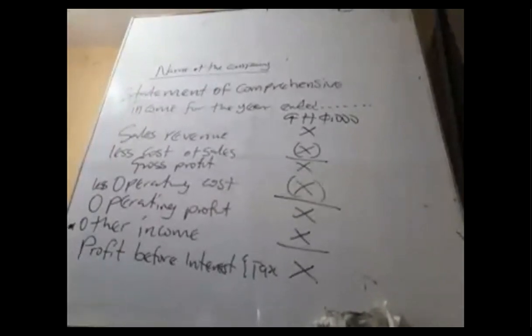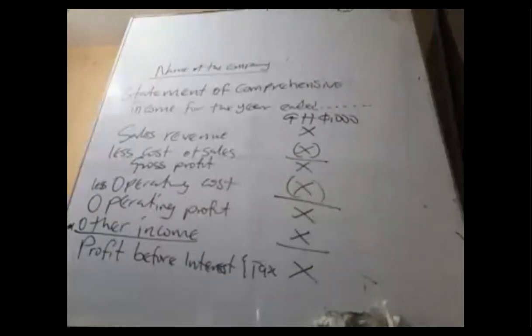Okay, now I have to explain something small about other income. In fact, today we are just familiarizing ourselves with the format and some few structures of it. Other income refers to the other types of earning or revenue that we've earned, but not coming from our ordinary course of business. So the other revenues aside from our main revenue, aside from the main earnings, you earn small ones aside from the main ones. Those are the other income. Examples of other income, we will take a section where we write all the breakdowns.